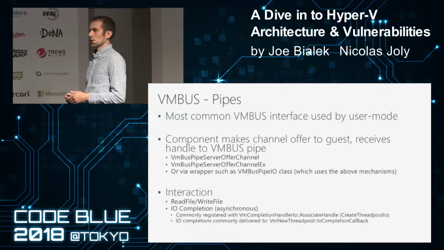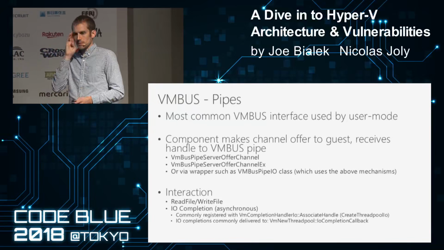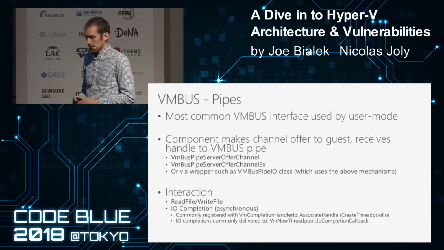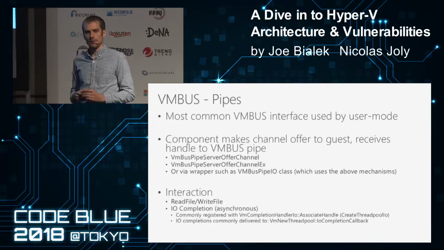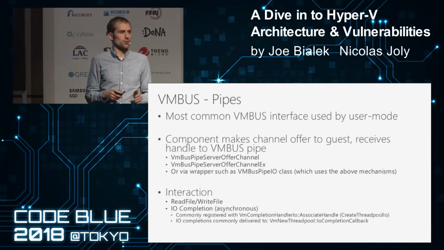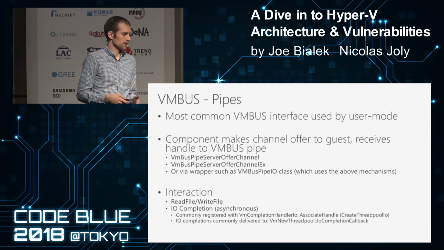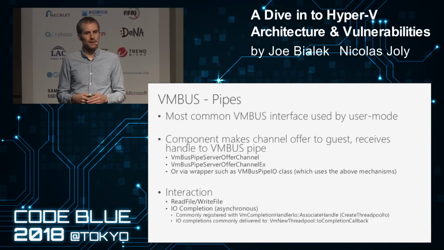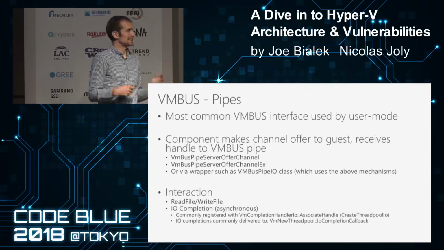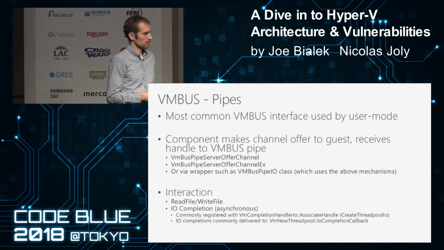So KMCL is how the kernel mode components use VM bus, but what about user mode components? The most common way for user mode components to use the VM bus is through VM bus pipes. And a VM bus pipe is an interface that's set up to look exactly like named pipes on Windows.